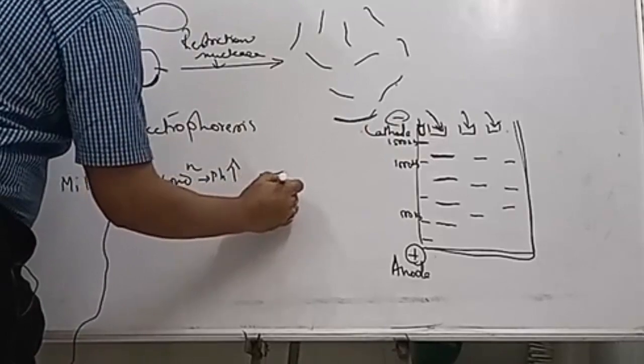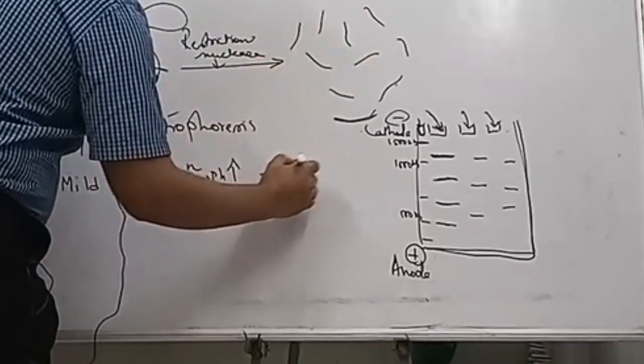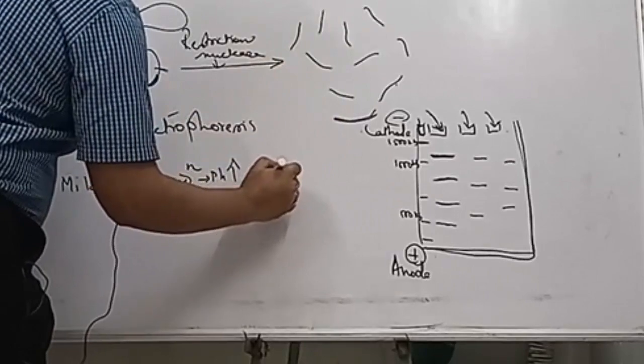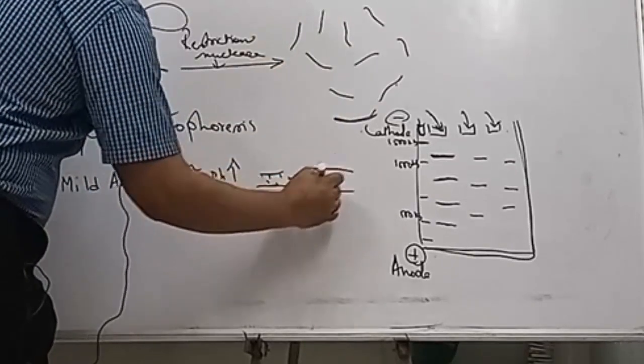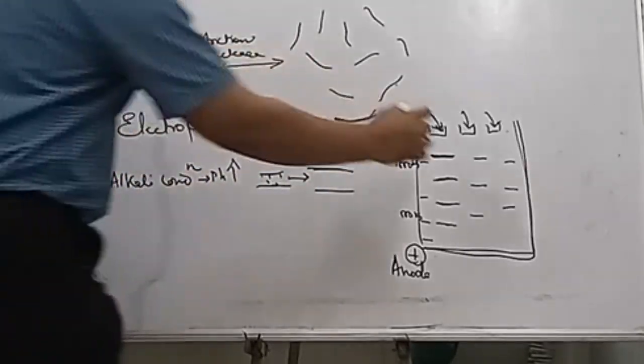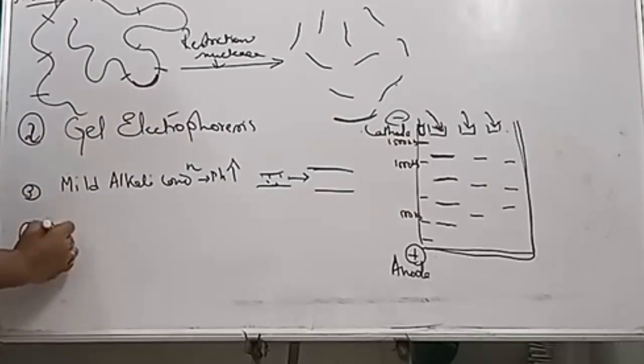With the increase in the pH, the hydrogen bonds are going to get broken down and they will be separated into single strands. Once we get these single strands with the mild alkali, next, number 4, we do blotting.